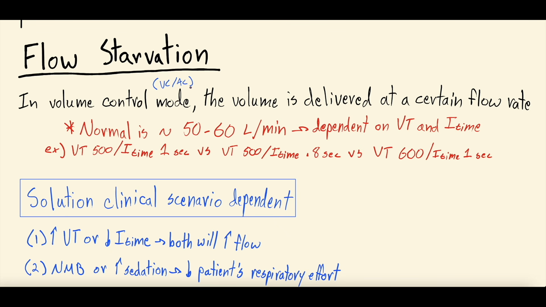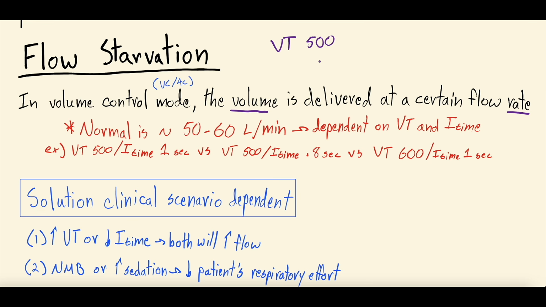flow is essentially a product of the volume that's being delivered at a certain rate, right? So if your tidal volume that you set on volume control, let's just say, is 500 cc's, the flow is going to be related to how fast that 500 cc's is being delivered, which makes sense, right?